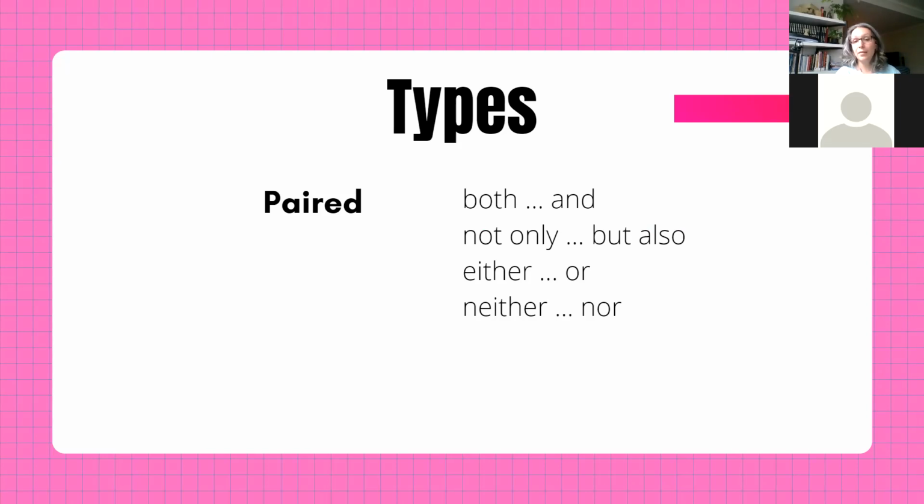I like either bananas or apples. And the final one, I like neither bananas nor apples. So they work in pairs. I think maybe there's one or two more, but they're very limited in number. But it's good to recognize that some of them work in pairs.